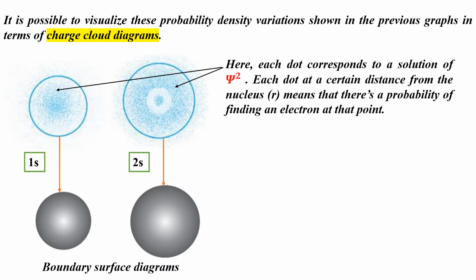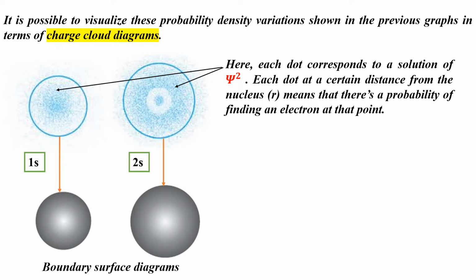Hence, for the sake of convenience, we draw boundary surface diagrams. Now, I want you to imagine the electron charge clouds of 1s and 2s orbitals three-dimensionally. I told you in our previous class that an atom, since it is the basic constituent of matter, should be imagined three-dimensionally.